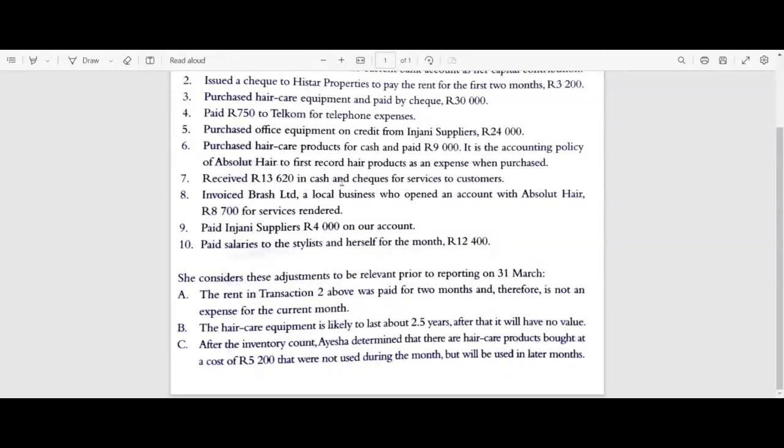So in cash and checks or credit card slips or debit card slips, whatever source document we have received there, or we've received the cash, but whatever source document we are going to be making out, right? For services to customers, right, ladies and gentlemen. So we see that we have received money, we have deposited into our bank account, or at least we assume that.